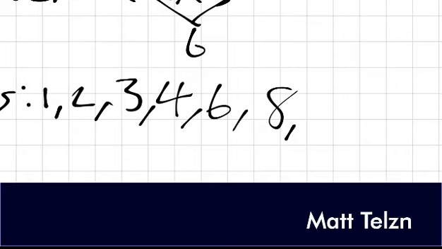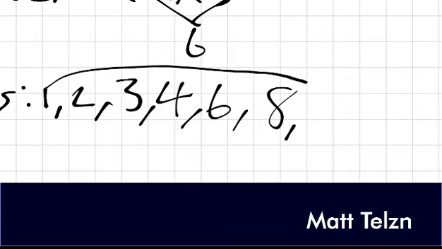Another one, you go to 10. Is 10 a factor? Let's see. Is there anything I can multiply here to give me 10? No. So 10 is not a factor. Another one after 10 is 11. Is there any multiplication here that will give me 11?